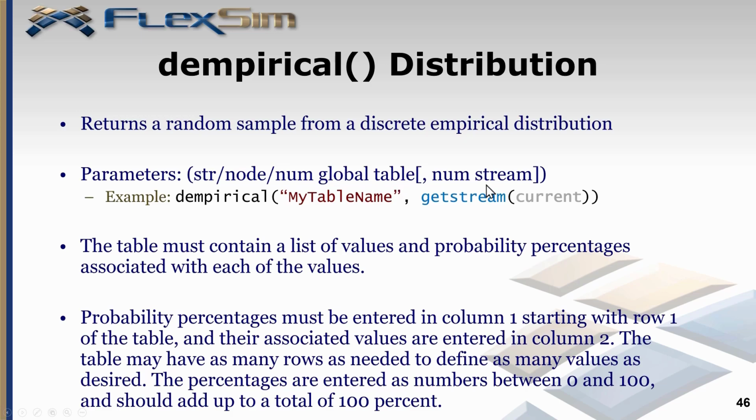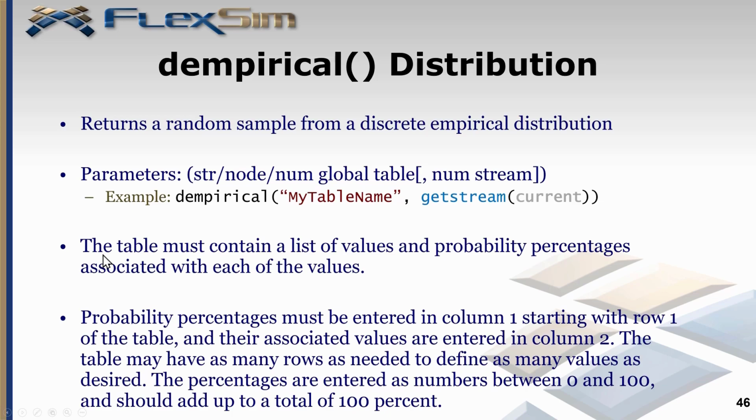And then the random number stream that you've seen already. And we leave it as it shows here most of the time, where it is a command called getStream, which will just come up with a stream on its own based on the current object.